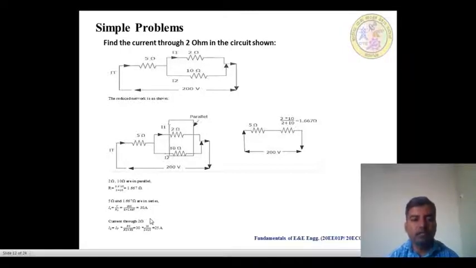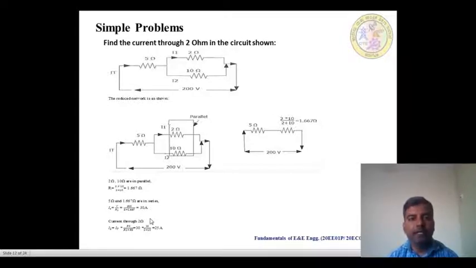The total resistance is 6.667 ohms. So the total current in the circuit is V by R total, that is 200 volts divided by 6.667, so that is 30 amps. This 30 amps is the current flowing in the circuit. When it enters the parallel branch, it is divided into I1 and I2.